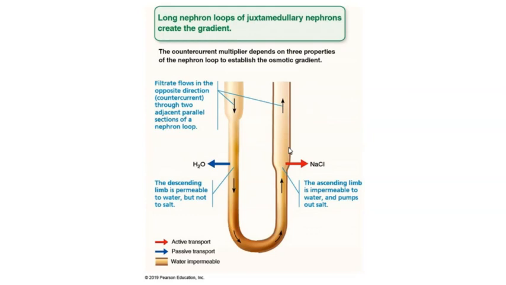So what's happening is that as sodium is pumped out of the filtrate and into the space surrounding the ascending limb, that space becomes saltier. And because the descending limb is passing in close proximity to this relatively salty environment, that's going to cause water to want to diffuse out of the filtrate and into the space surrounding the descending limb.